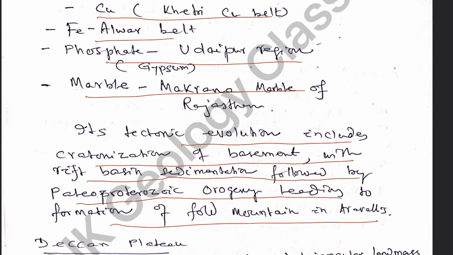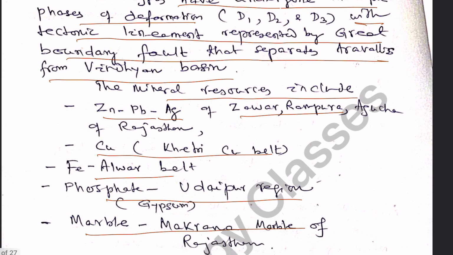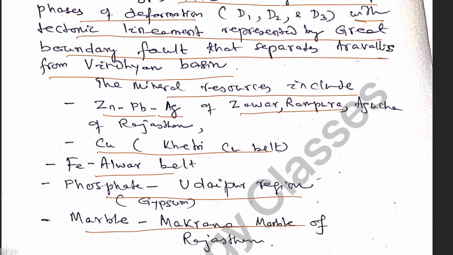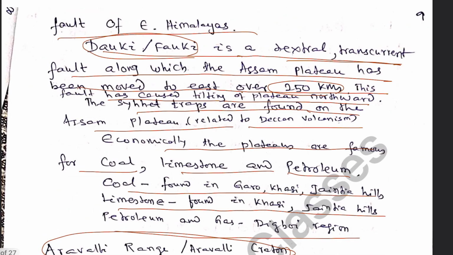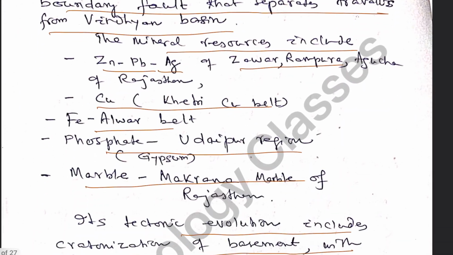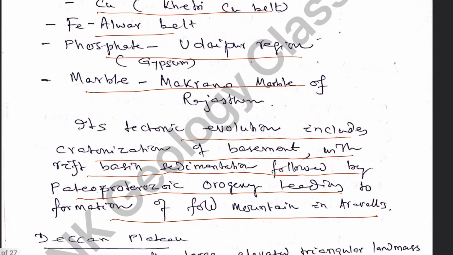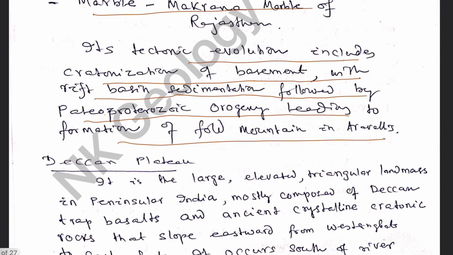So Aravallis form a craton, and it is found to contain a lot of mineral deposits, base metals, lead, zinc, copper. Also there is silver deposit, phosphate, and it is noted for the marbles, Makrana marble. And the rock types belong to Archean in age, the oldest mountain of India.